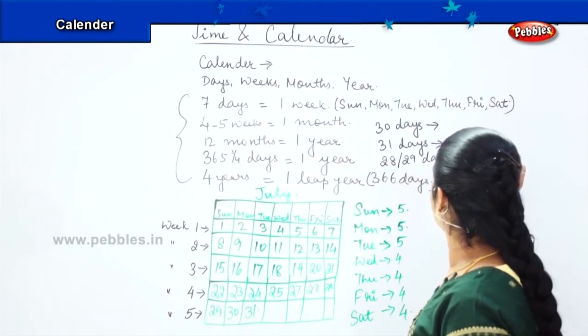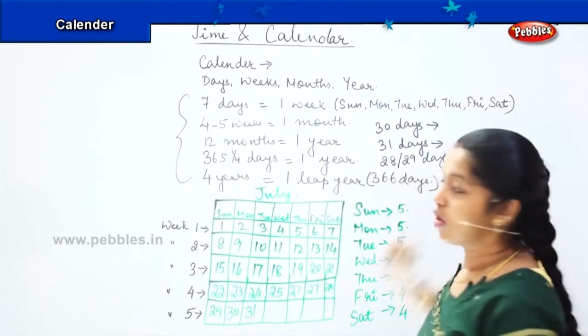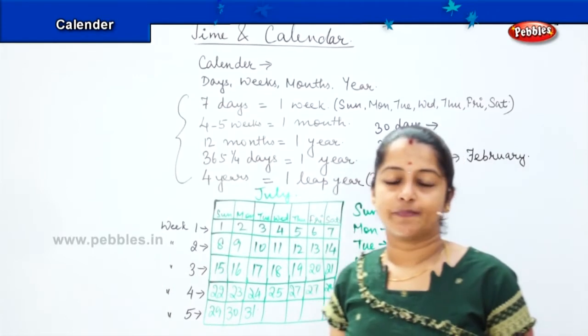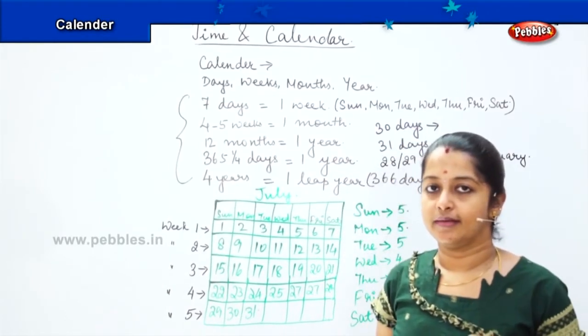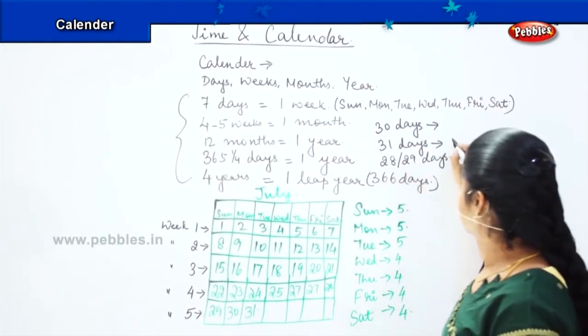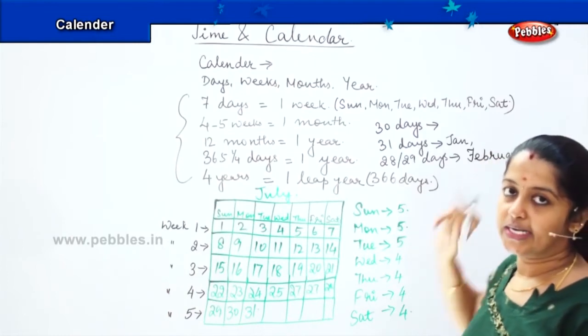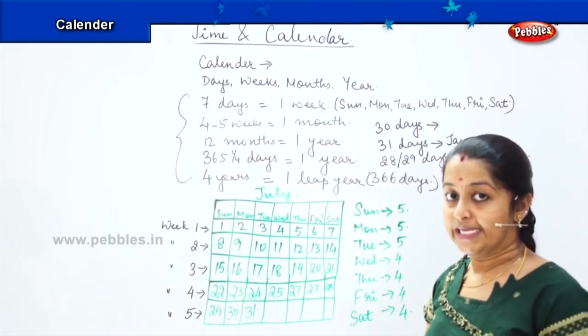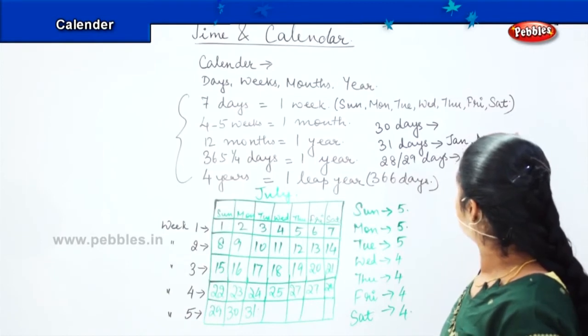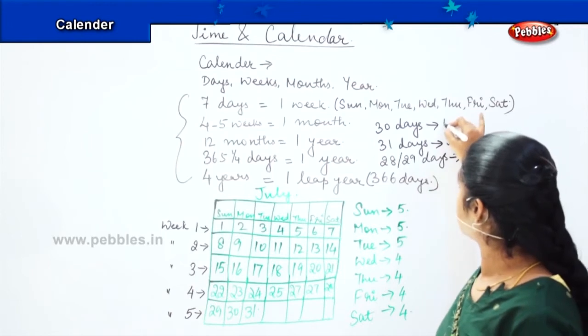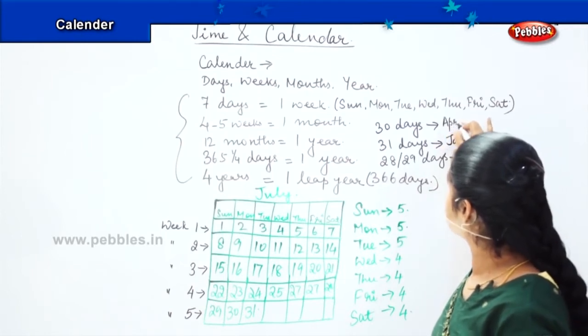So how many months have 30 days? Can we calculate? January? No, it has 31 days. So we will write it in the column of January. February, it has 28 or 29 days. March? Yes, it has 31 days. April. April comes for 30 days.